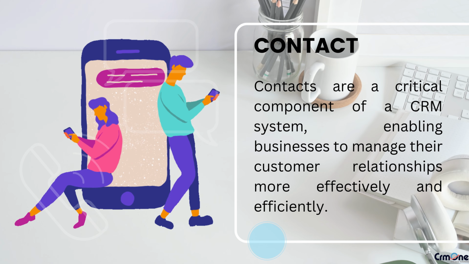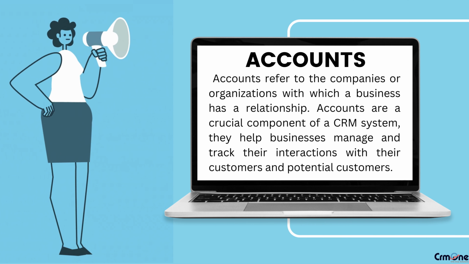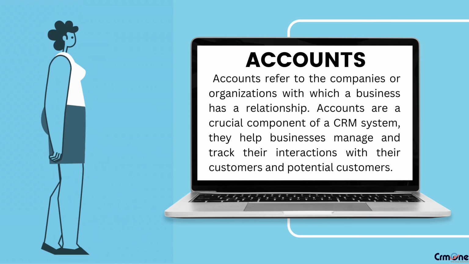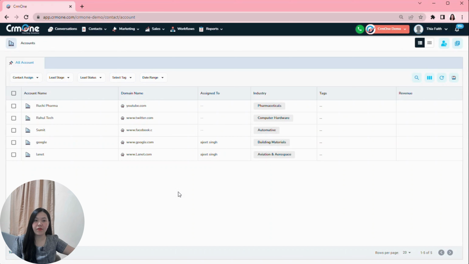Now, let's proceed to accounts. Accounts are a crucial component of a CRM system. They help businesses manage and track their interactions with their customers and potential customers. Now, accounts in CRM1 provide a holistic view of a company's or organization's relationship with a business, allowing businesses to provide personalized service, prioritize their sales efforts, and make data-driven decisions.